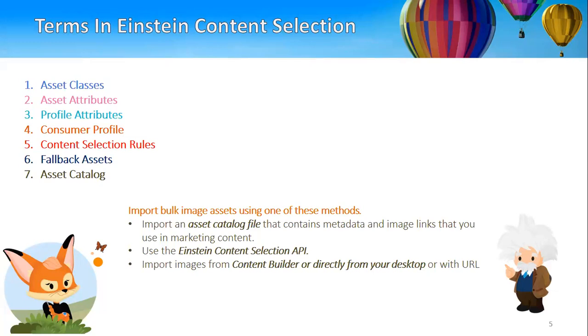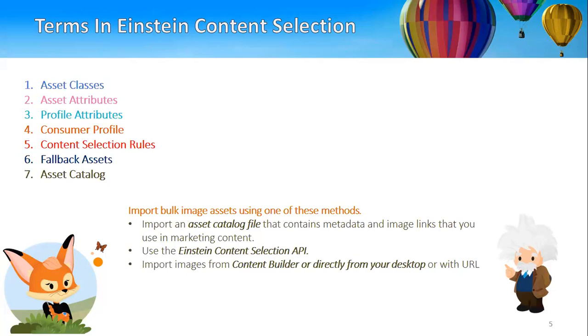So import bulk image assets using one of these methods. When we are importing more than one image, at that time you can rely on any of these options. The first one is a direct import of an asset catalog file that contains all these image details. Next is to use an Einstein content selection API.